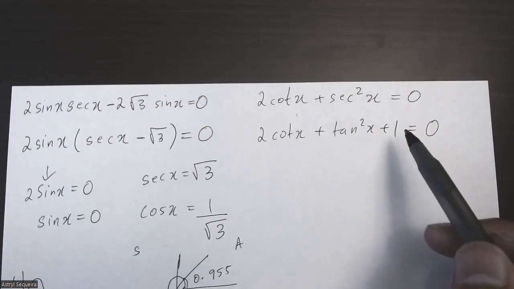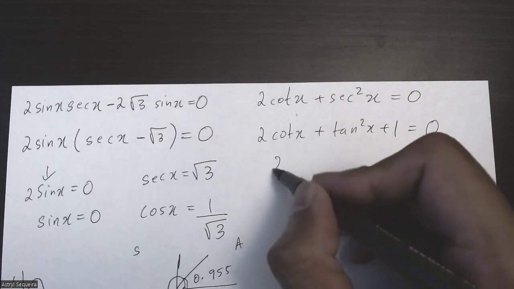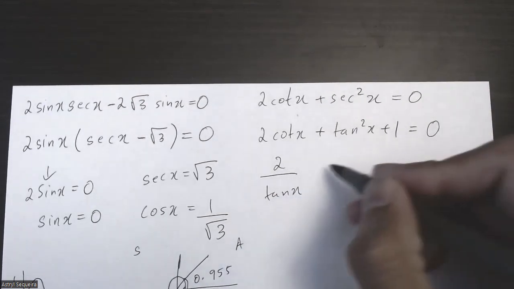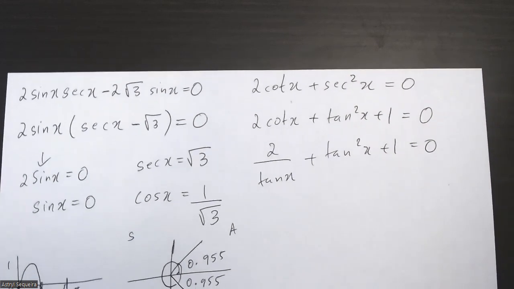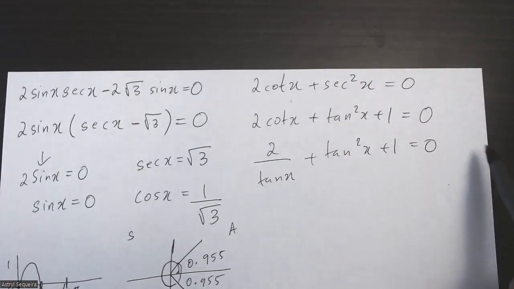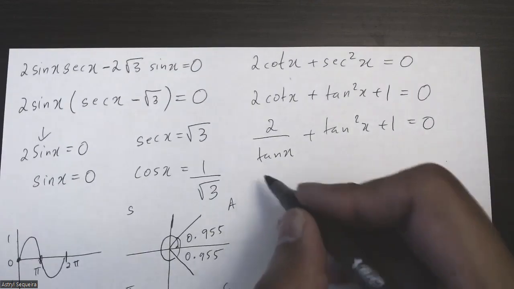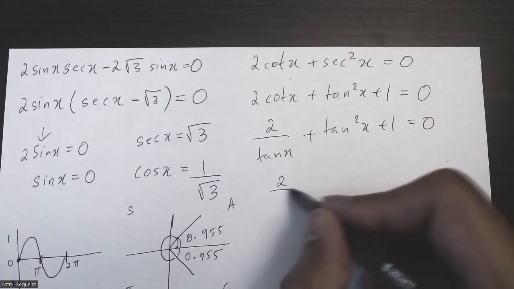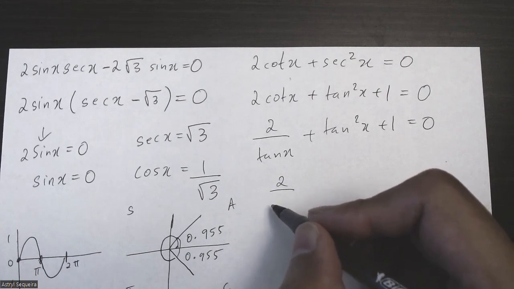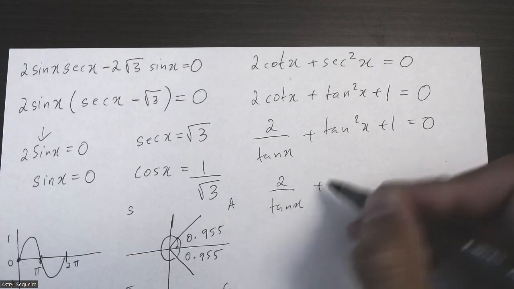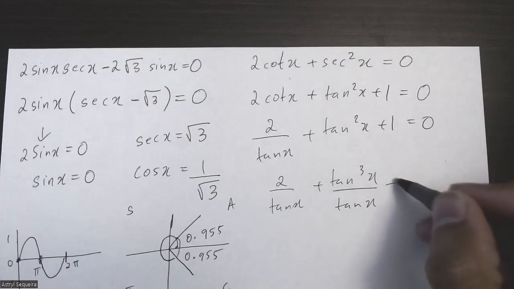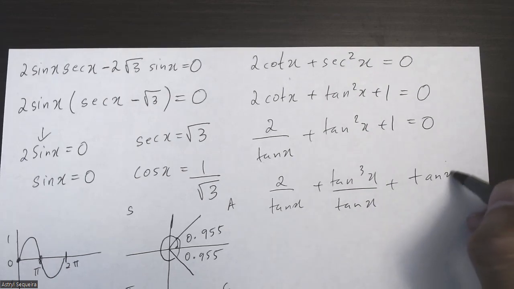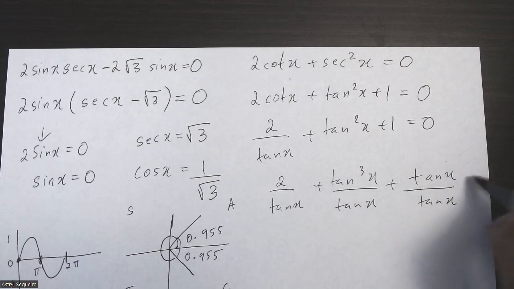Okay, now that I've done that, I'm going to convert this cot into a tan. So I have 2 over tan x plus tan square x plus 1 equals 0. Then I'm just going to multiply everything by tan x. So basically, I'll have 2 over tan x plus tan cube x over tan x plus tan x over tan x equals 0.